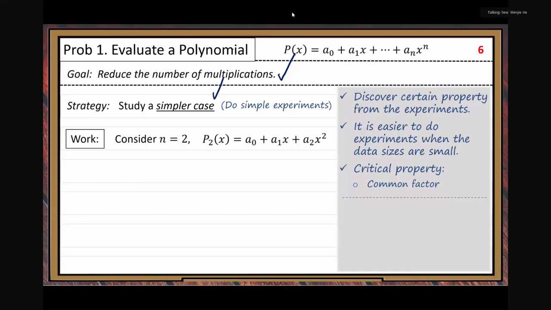This property should be related to multiplication. Can you see it? There are three terms. Compare these three terms. Can you see some useful property related to multiplication?